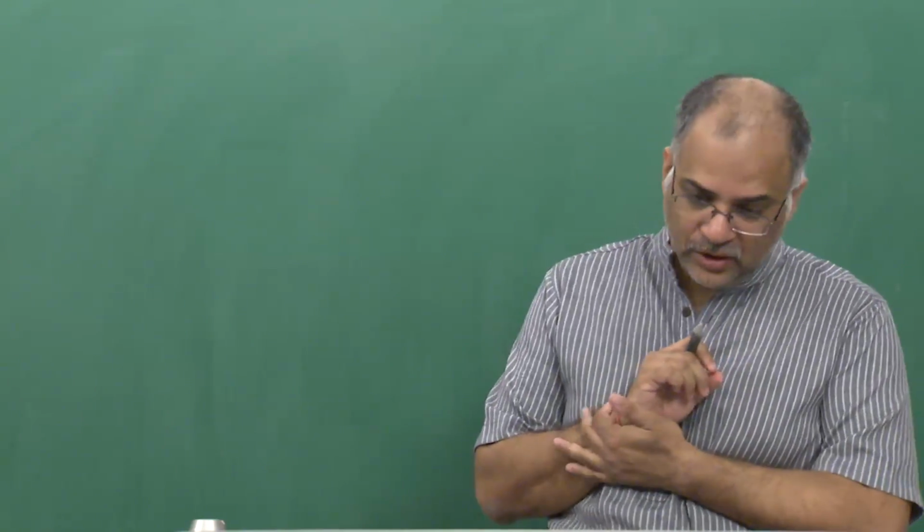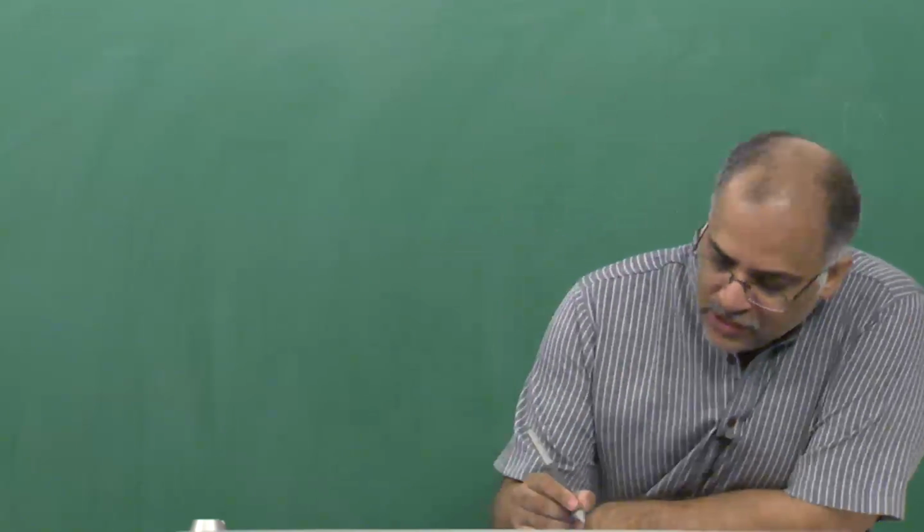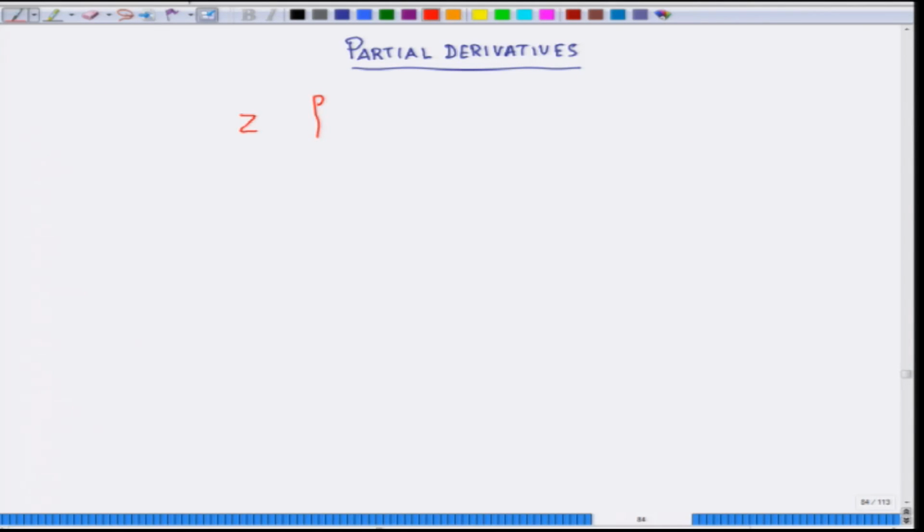So, now when you have a function of two variables, z is a function of x and y. So, here you have two independent variables.